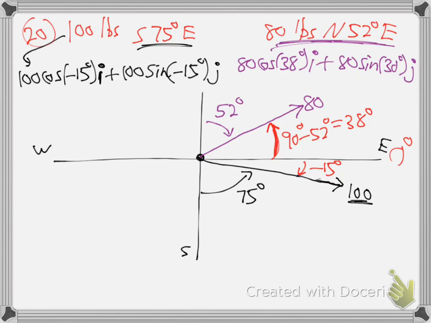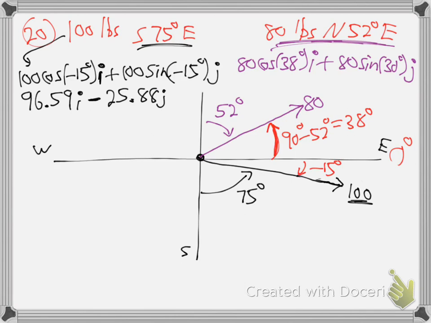So I'm getting, and I'm still in the middle of the problem, so I'm going to use a couple places of accuracy. 96.59i minus 25.88j.